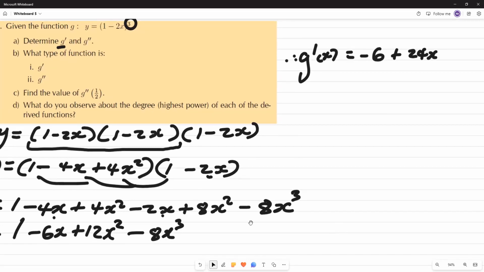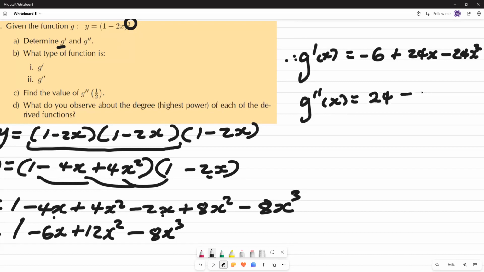Then we have minus 24x squared. That is the first derivative, right? Now let's do the second derivative. This is a constant, it disappears. Here we're left with 24 minus 48x, right? That is the second derivative.